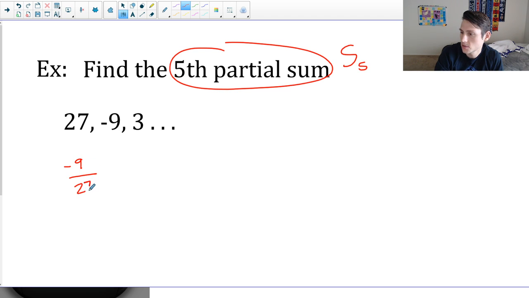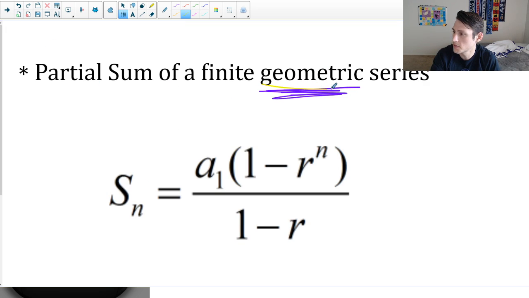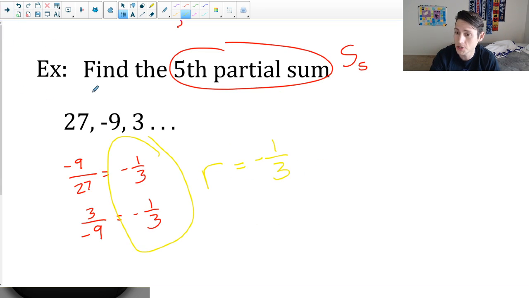Negative 9 divided by 27 is negative 1/3, 3 divided by negative 9 is also negative 1/3. So I can see that the ratio is the same. The ratio is negative 1/3. All right, but I have to check to make sure, because otherwise I can only use the formula if this is geometric. So I have to be sure it's geometric.